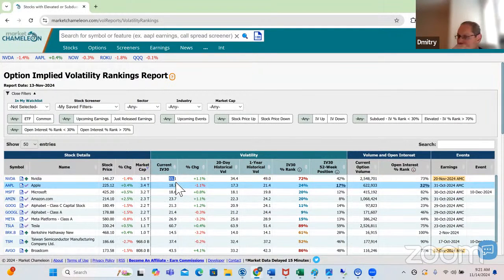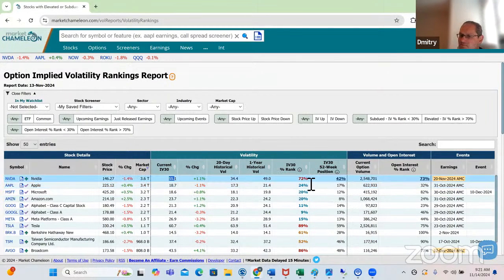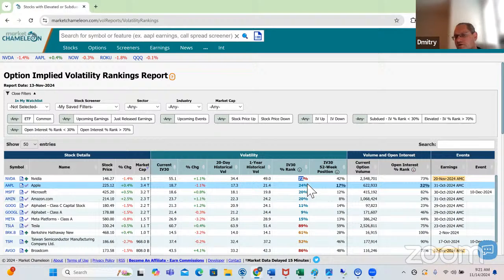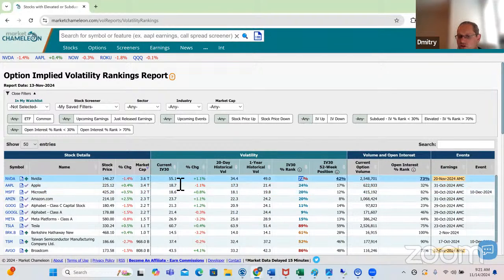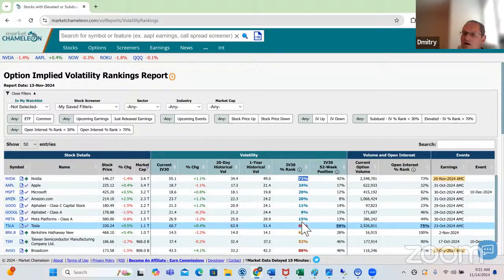So this IV percent rank is comparing the last year of historical data versus the current IV. We're saying, where's the current IV 30? 55. What percentage of the historical data falls below this? 72%.